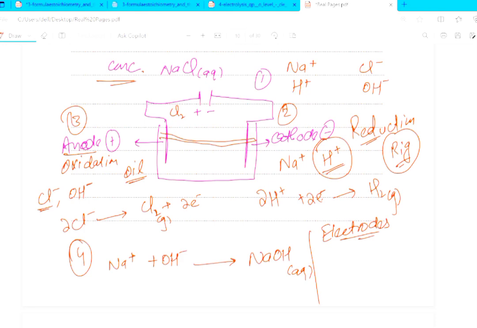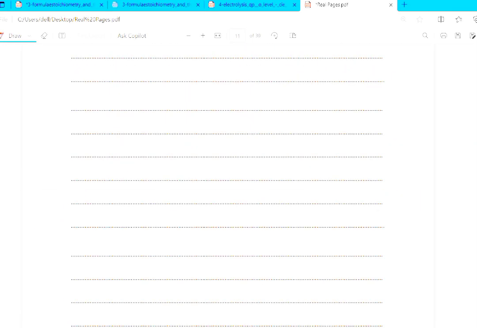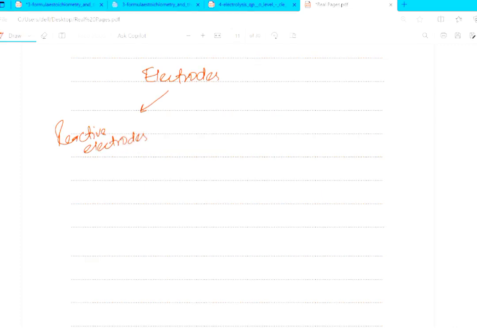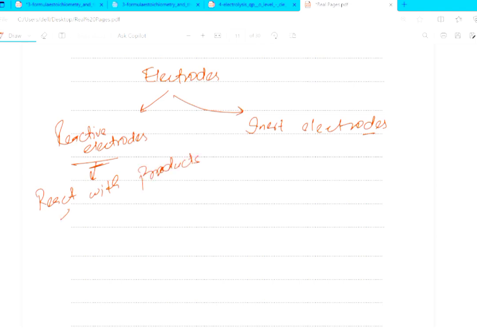Electrodes are of two types: reactive electrodes, and the second is inert electrodes. Reactive electrodes react with the substances or the products formed.